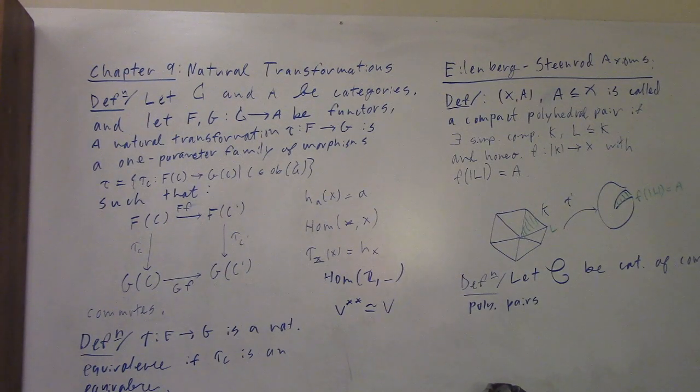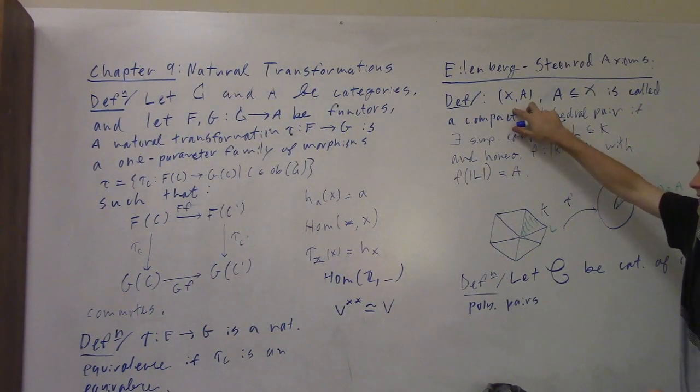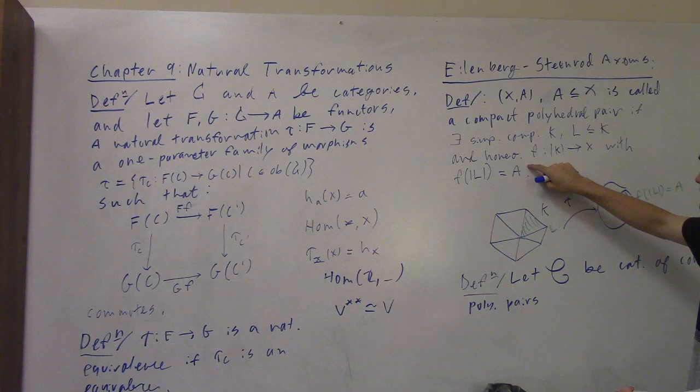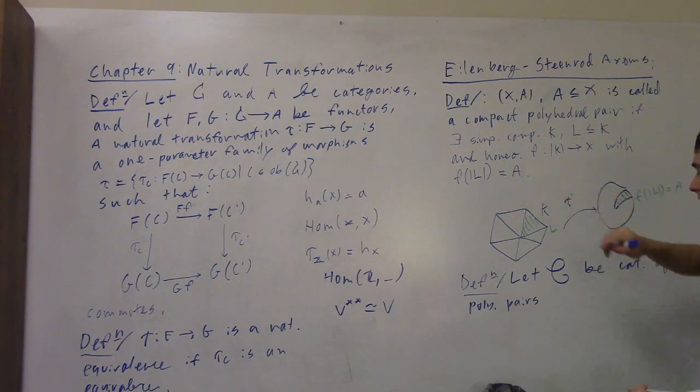What would the morphisms be? I guess it'd be a morphism in Top squared that also preserves this homeomorphism somehow. They don't really give the details of that unless I'm missing something.